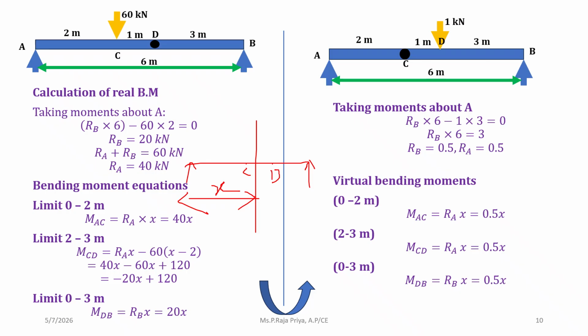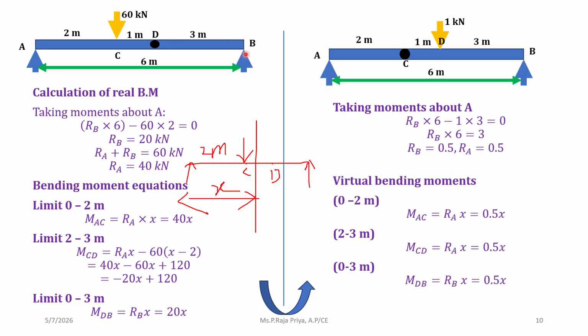RA into x, and at point C we have a load of 60, and this distance is 2 meter. So the distance between the load and the section we have taken is x minus 2. RA into x minus 60 into x minus 2. Substituting the value of RA, we get minus 20x plus 120.